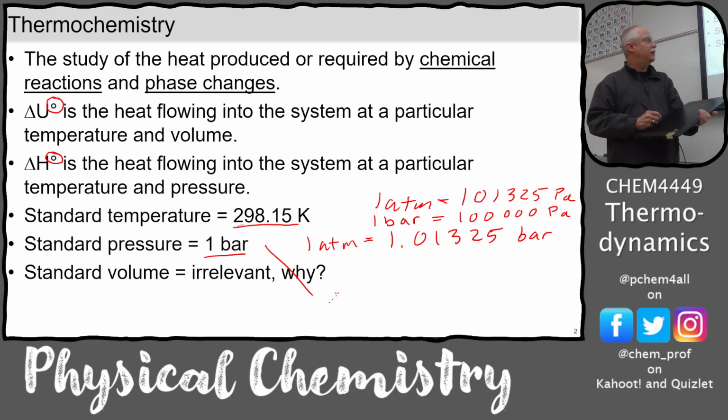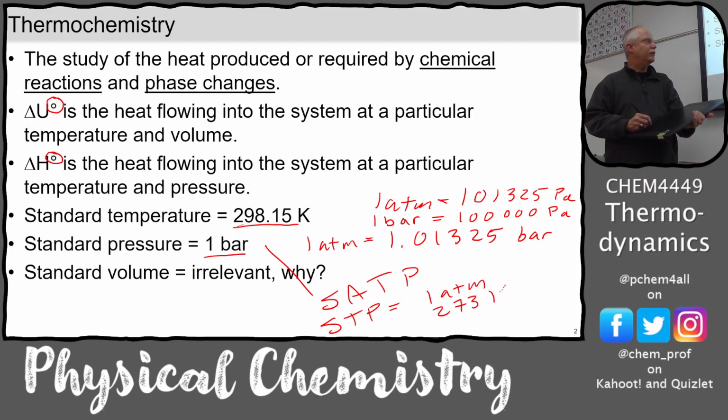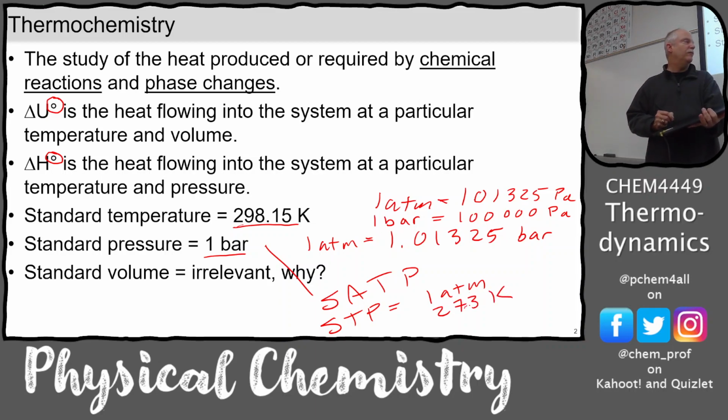SATP. STP is equal to 1 atmosphere and 273 Kelvin, which is ice water. So STP we talked about when we covered the ideal gas law and gases in the freshman course, and then I guess we probably talked about it in this course as well.